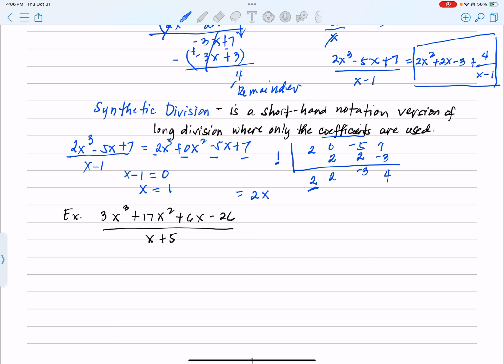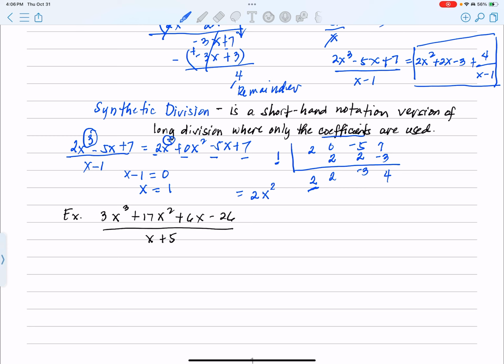If the given exponent is 3 right here, bring down 1 less of the degree. So 3 minus 1, that's 2. That would be the degree of your first term.